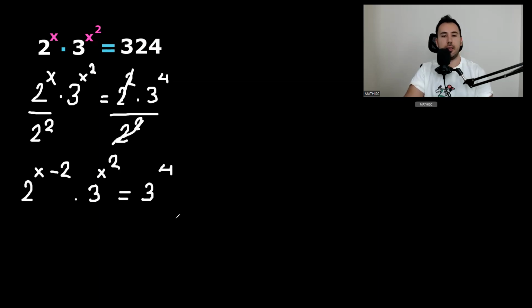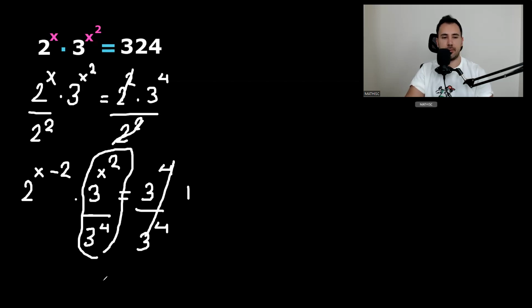Here I could divide everything by 3 to power of 4 or this one. Well, let's just divide everything by 3 to power of 4. And then again, 3 to the 4th power. This will be 1, obviously. This, with the same reason, will be 3 to the x squared minus 4.